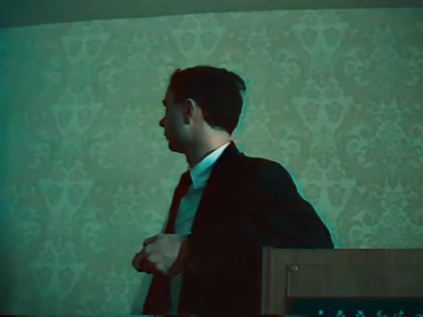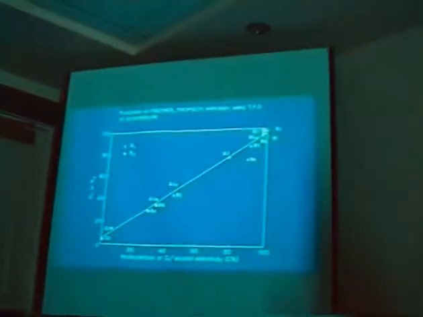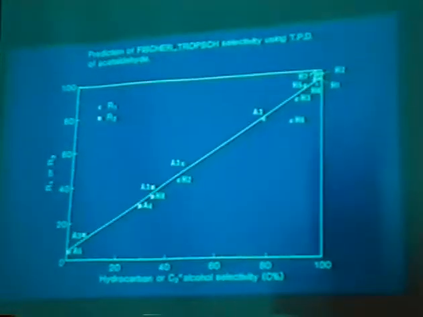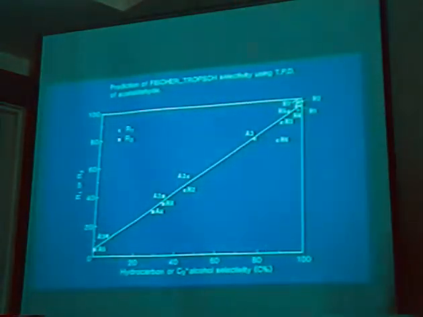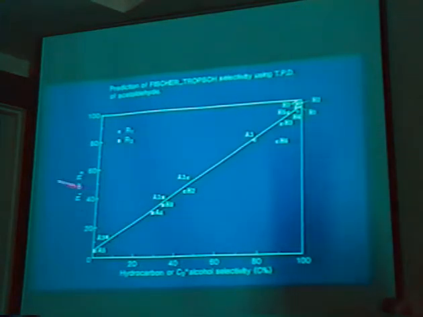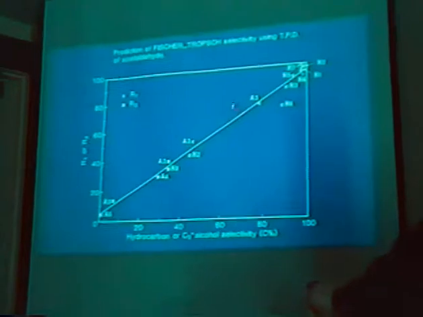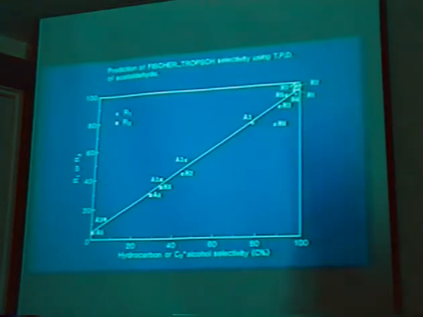Something I did not mention is that you may see here that we find nearly exactly the same figures for the ratio of C3 and C2 plus alcohol selectivity. But really, if you change the surface coverage by acetaldehyde, this figure will change. So this is really a coincidence that we find the points on this curve. The line can be this way, or here, or down, depending on the surface coverage by acetaldehyde.